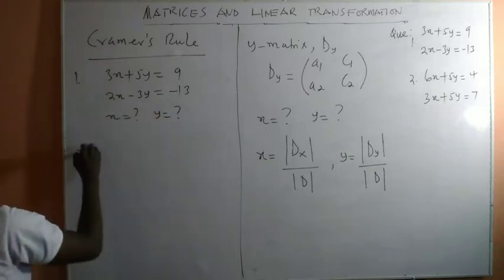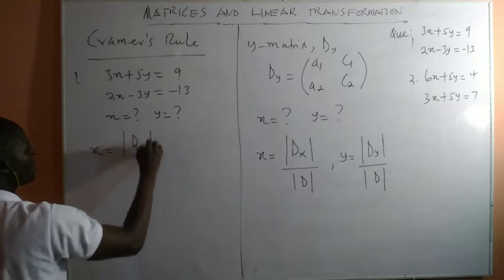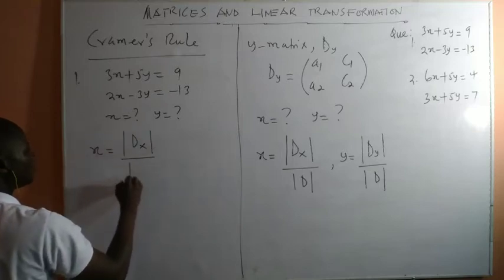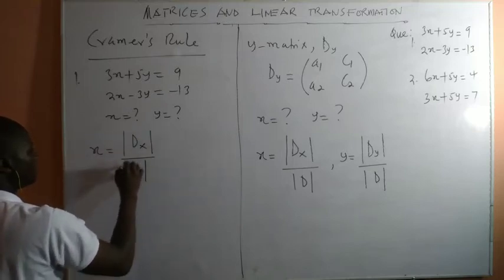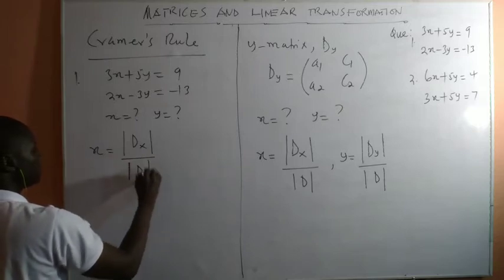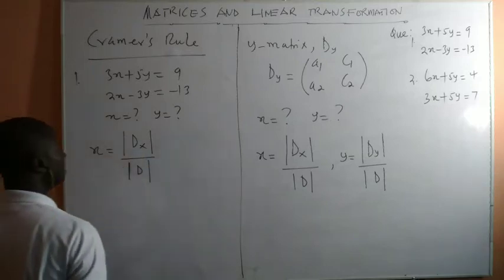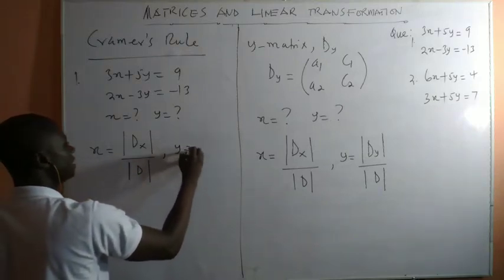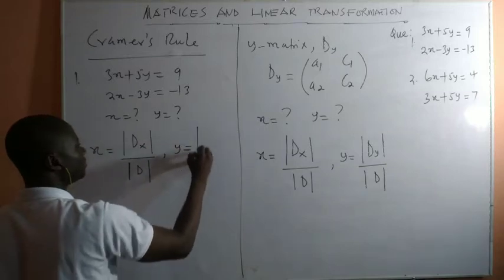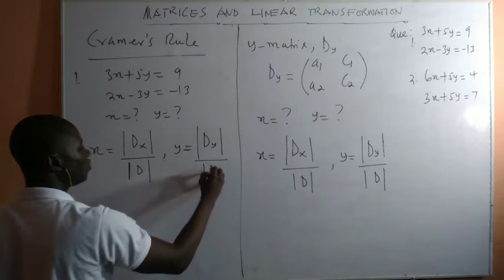Don't forget that we said that x is equal to the determinant of the x matrix divided by the determinant of the coefficient matrix, and y is also given by the determinant of the y matrix divided by the determinant of the coefficient matrix.